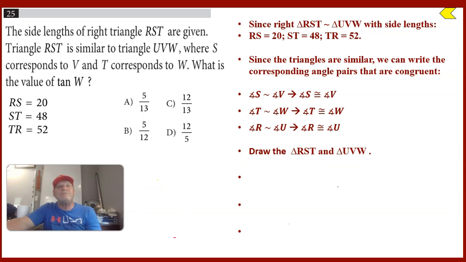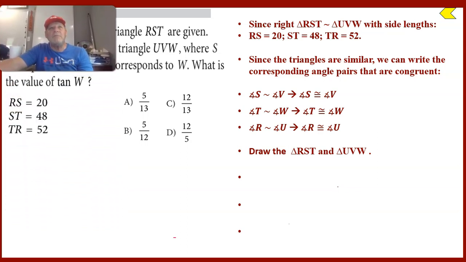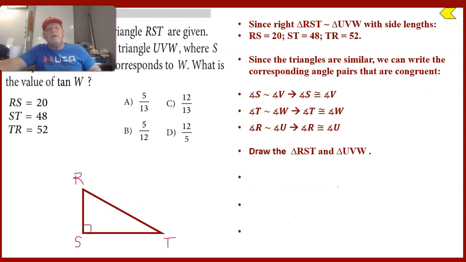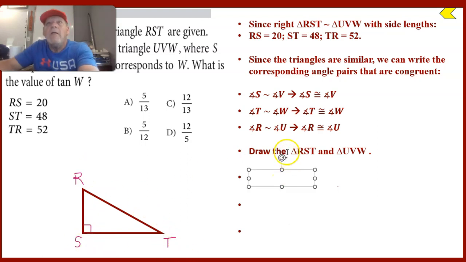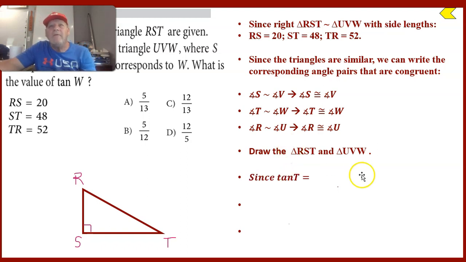So draw a triangle UVW. So now I'm going to draw the triangle. If I draw the triangle, it's going to be a right triangle, and then all of these sides are revealed because we know that longest side is going to have to be TR. That's the hypotenuse. That's got to be across from this angle.